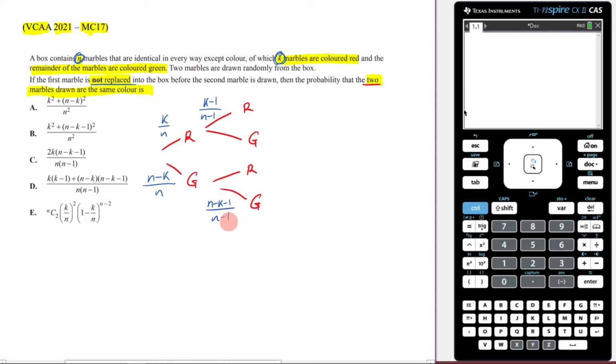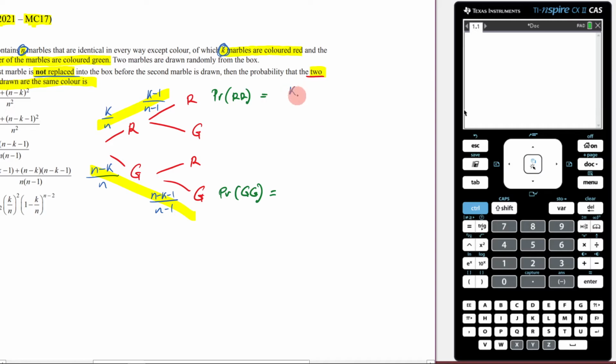Now what I want to find, and I'll do this in another color, is the probability of red, red, and the probability of green, green. So to do that, I'm going to multiply across the branches. I'm going to multiply this way and multiply that way. So let's now do that. I'm going to end up with K over N times K minus 1 over N minus 1, which is going to be K times K minus 1 over N times N minus 1.